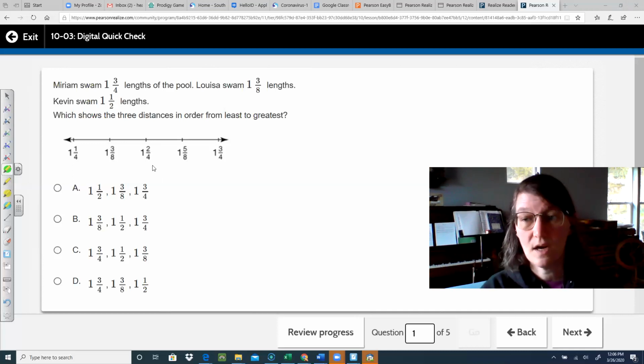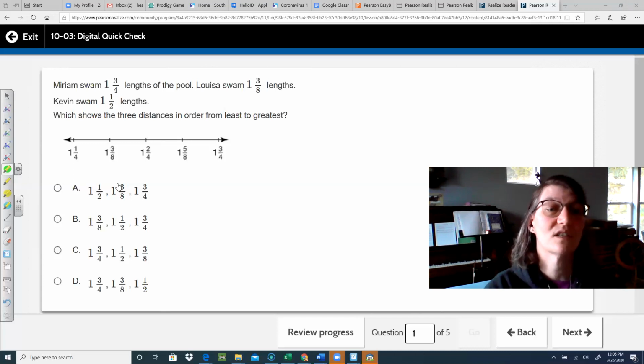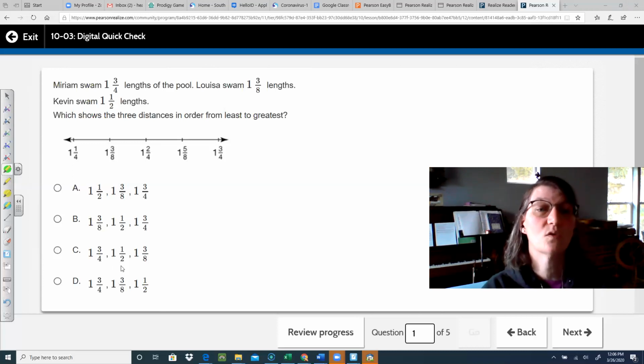So now that I've pointed out where all of these are on the number line, you have to decide which one shows them from least to greatest. So if it helps you to rewind this little video back a few seconds and look at what I said for these numbers, do that. I'm going to read your options. A, 1.5, 1 3/8, 1 3/4.